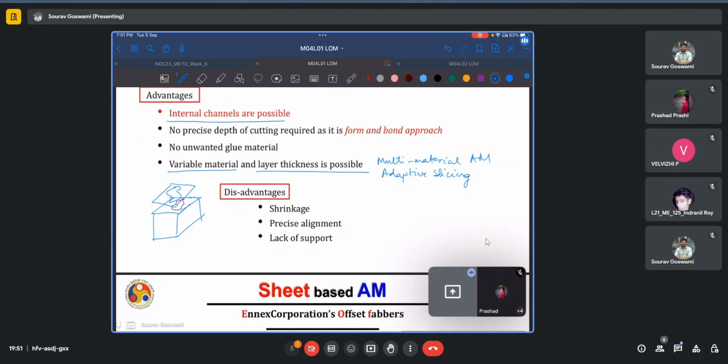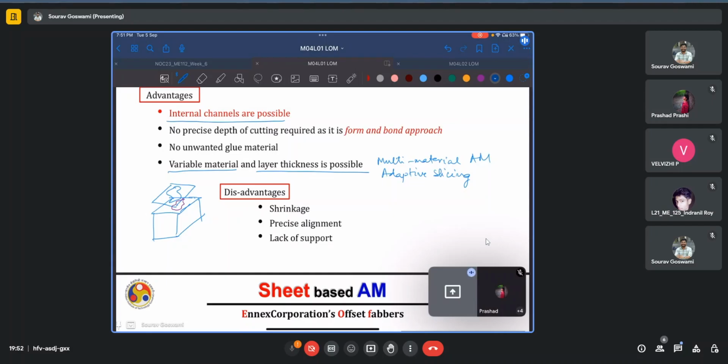However, in this case, since we're only cutting one sheet at a time, we need not be concerned so much. And the cutting depth may have significant tolerance. It need not be as precise. As well as here, no additional adhesive is required. The binder and sintering process is sufficient.